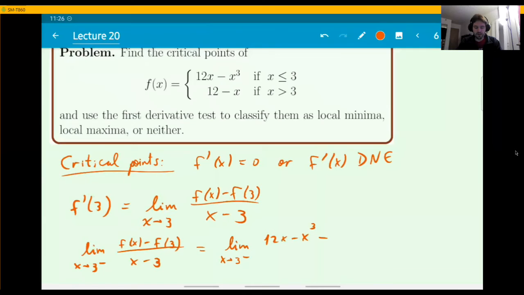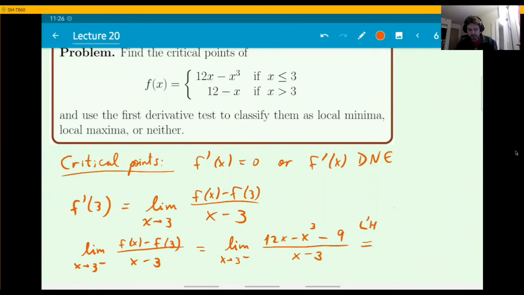What is f of 3? F of 3, looking at the first expression, is 36 minus 27, so 9, divided by x minus 3. All right, this is a 0 over 0 limit. You can do whatever techniques you like to do for this one. But we can use L'Hopital here, definitely, because it's 0 over 0.